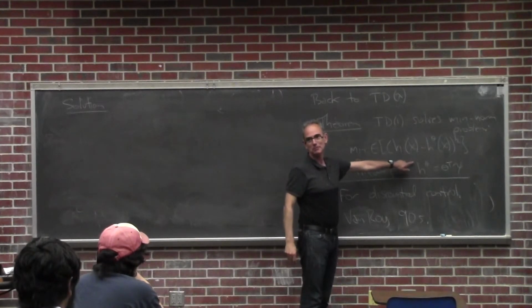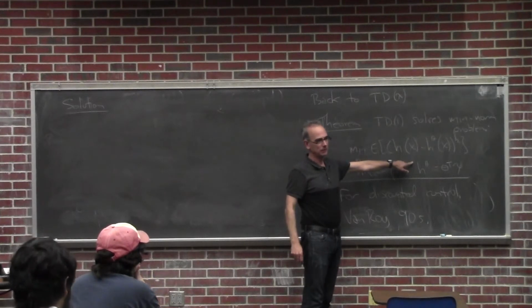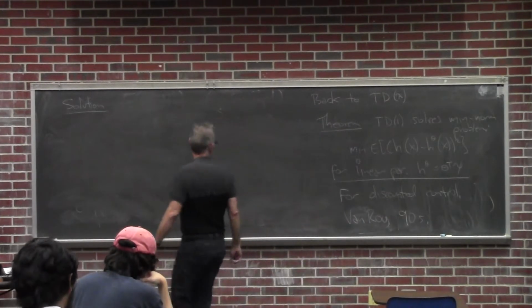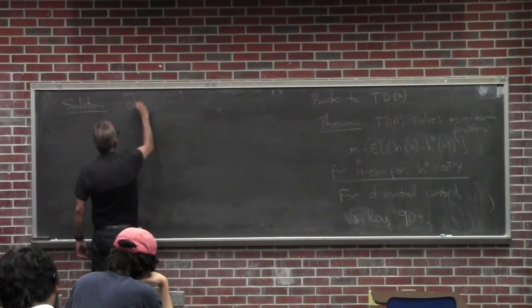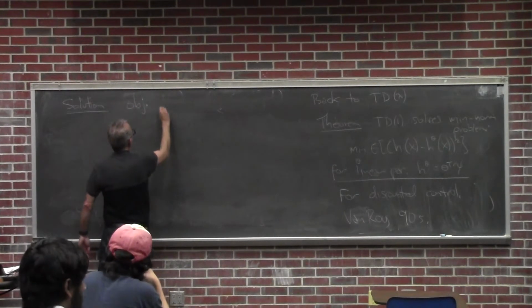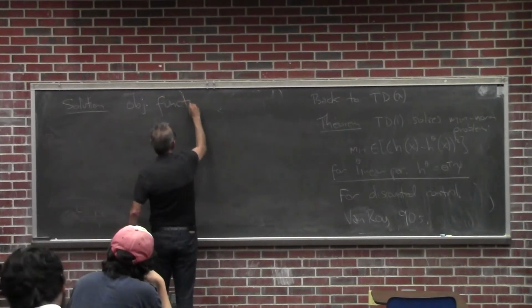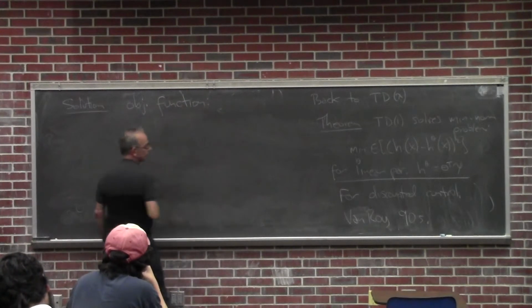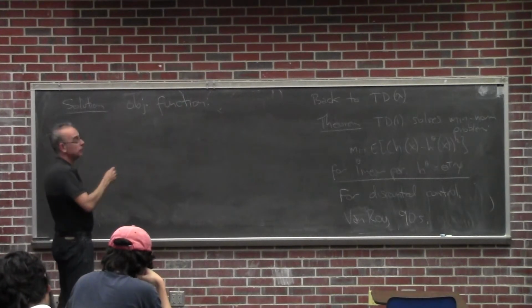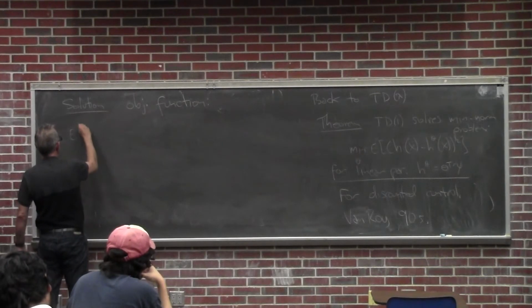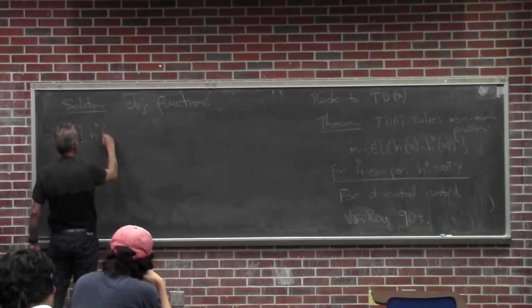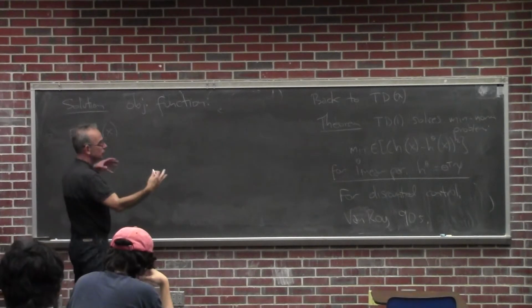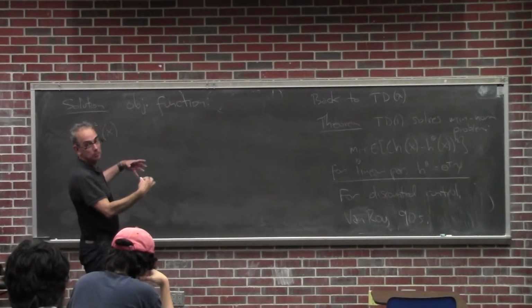Let's make it explicit. Let's just expand this whole thing out. What I'll get is h squared, and I'll get the cross terms, minus 2 and so on.